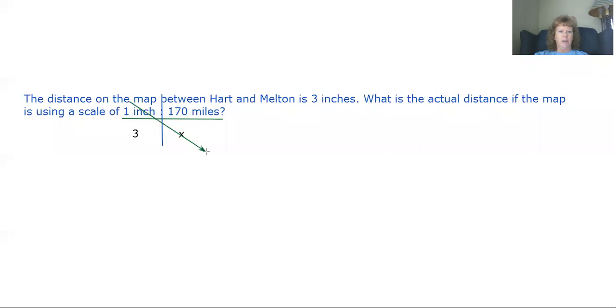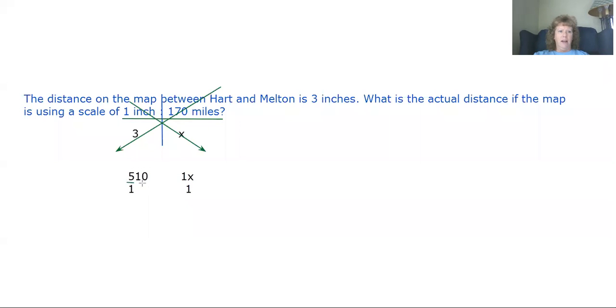Again, I'm going to cross multiply, and that will give me 170 times 3 is 510, and 1 times X is 1X. I'm going to show the 1 because now on both sides I'm going to divide by 1.